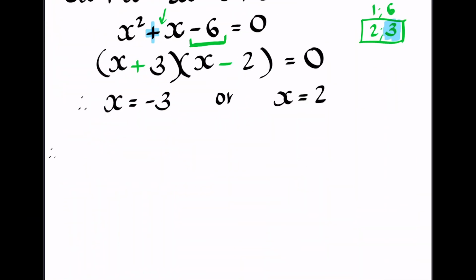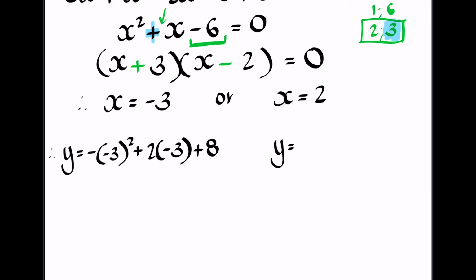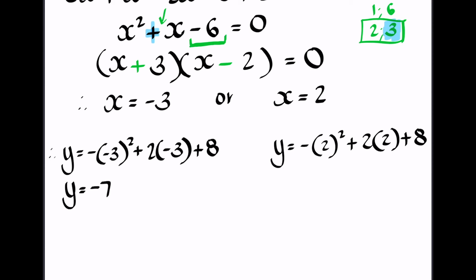So therefore, y is equal to negative 3 squared plus 2 times negative 3 plus 8, or y is equal to negative 2 squared plus 2 times 2 plus 8. So I therefore have solutions of y being negative 7 or y being 8.